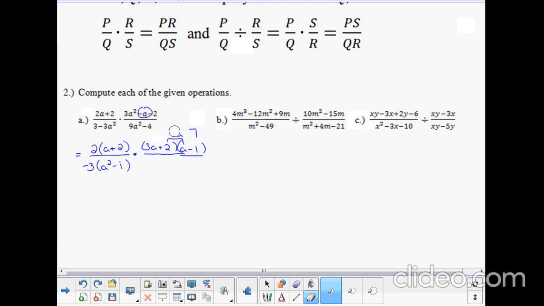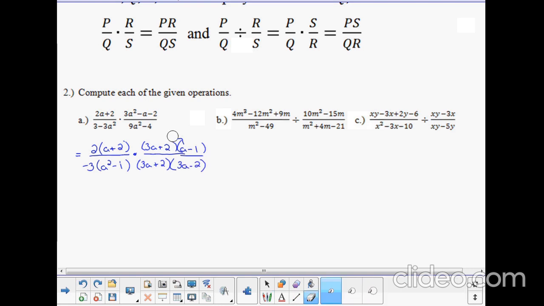So we have to go through some of our factoring processes here. And then in the denominator, I have the difference of two squares, which gives me the root of the first term, 3a, and the root of the second term, 2. So 3a plus 2 and 3a minus 2.